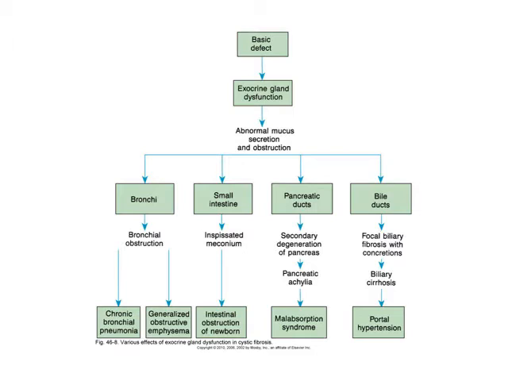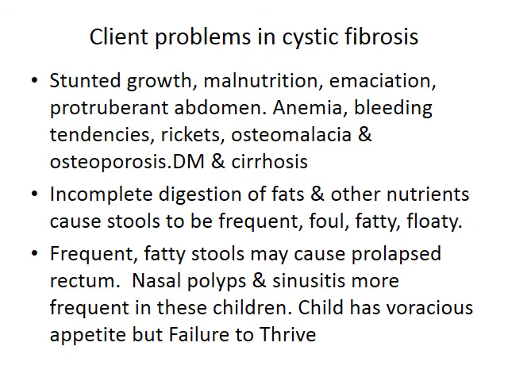So here's just a nice visual. Go ahead and take a look at that if you want to, so you have an idea. Again, respiratory and GI. That's what we're looking at, and then the subsequent issues that come with the defect. With someone that has cystic fibrosis, growth and development is obviously not going to be normal, quote unquote.